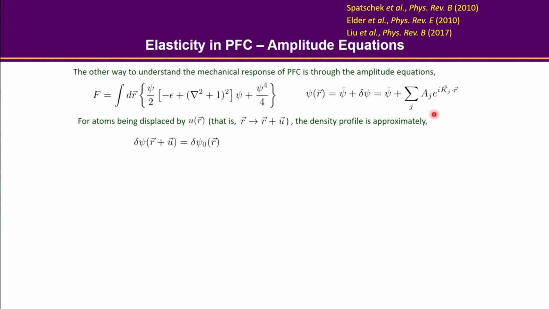So that's the concept, but we're going to go through the details here. How can we associate the strain, or the displacement field of atoms, with the amplitude equation? What's the relation between this strain and the phase of the amplitude, okay? I'm going to follow this 2010 paper by Spatschek and Karma.